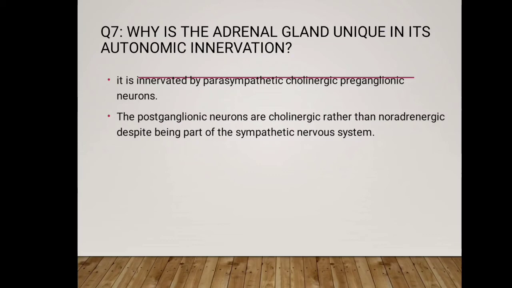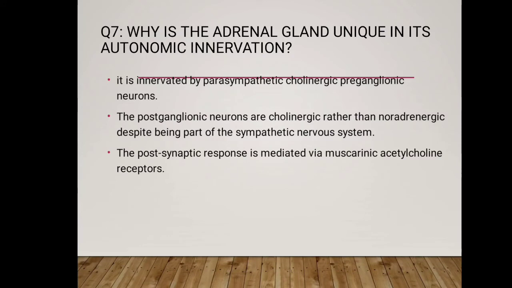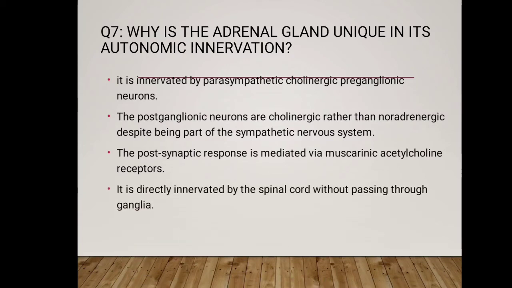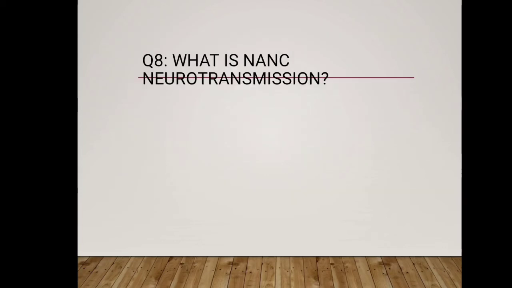As we know, these two options are wrong. The third option is the postsynaptic response is mediated via muscarinic acetylcholine receptor. In the last option, it is directly innervated by the spinal cord without passing through the ganglia. And it is the right answer. Because of this, the adrenal gland has a unique innervation.